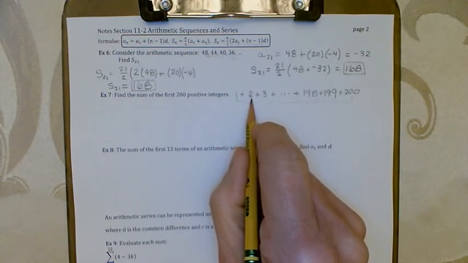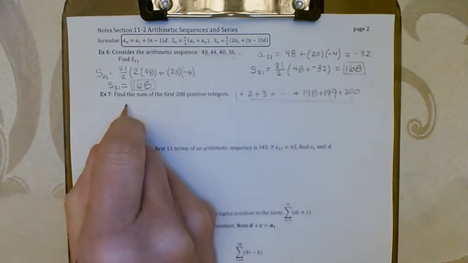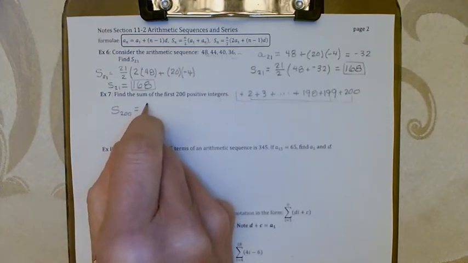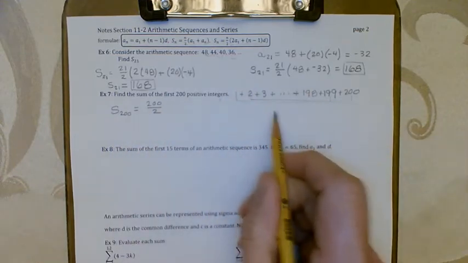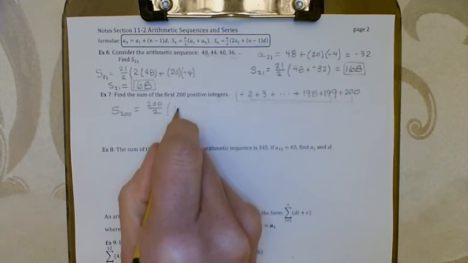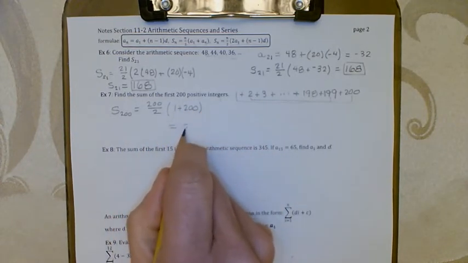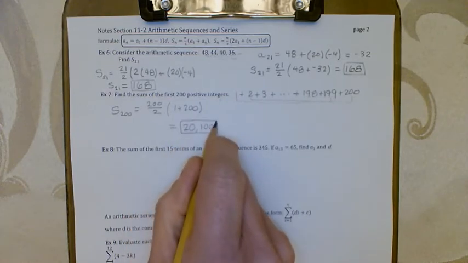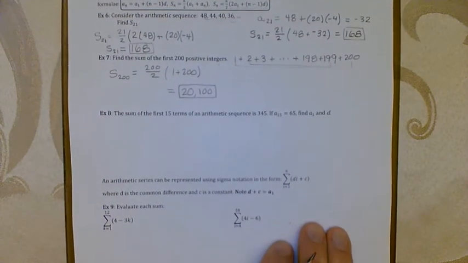Notice that that will be the same as the second and the second to last term added up. So the sum of the first 200 terms is simply the number of terms divided by 2, so that tells us how many pairs we have, really, and then times 1 plus the 200. And so that gives us a total of 20,100.